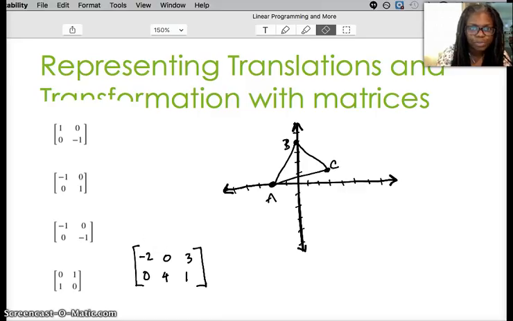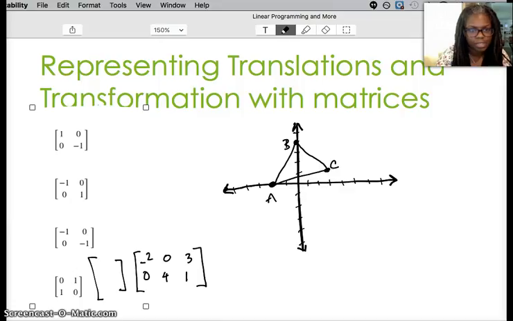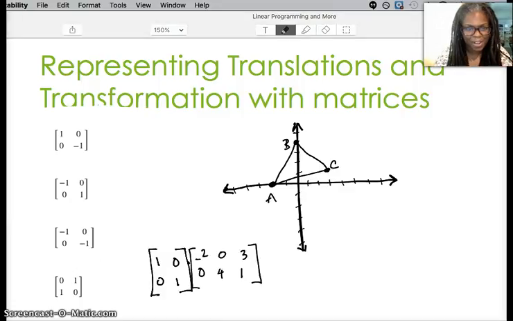Now, you guys remember we talked about the identity matrix, right? So if I take the identity matrix and I multiply it, let me move everything over. Hold on. Okay, there we go. If we were to multiply these matrices together, recognizing that this is the identity matrix, what do you expect would happen?